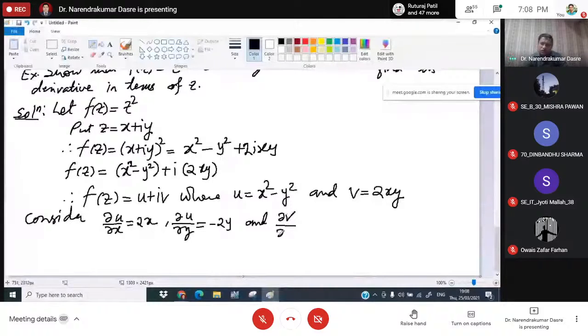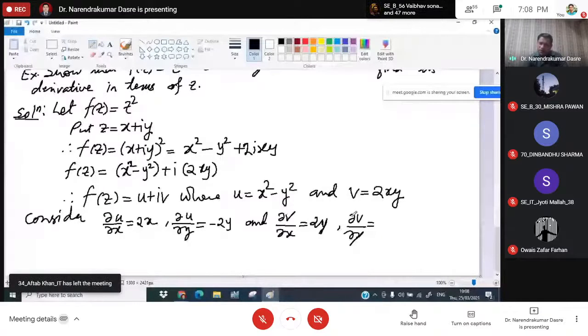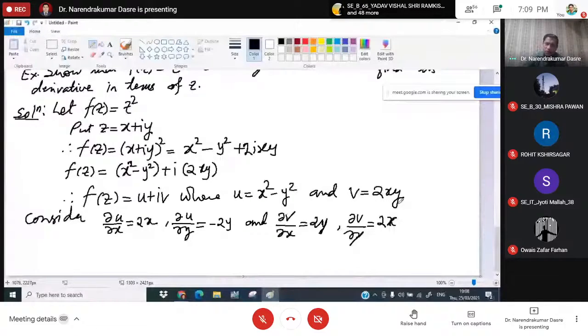So 2y is going to be constant and the derivative of x is going to be 1. For the partial derivative of v with respect to y, we treat x as a constant. So we have 2x, and the derivative of y is going to be 1. So here we got the derivatives of u and v with respect to x and y.